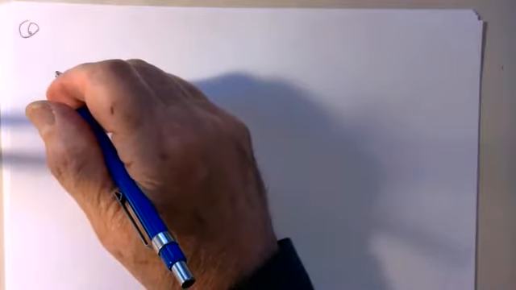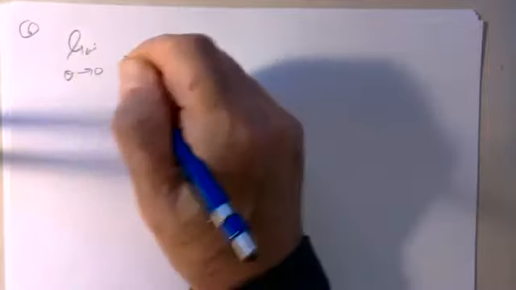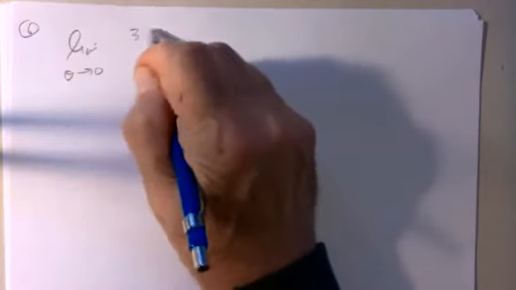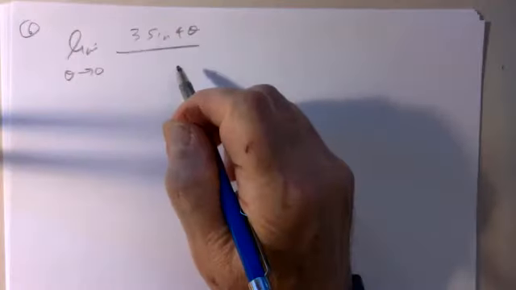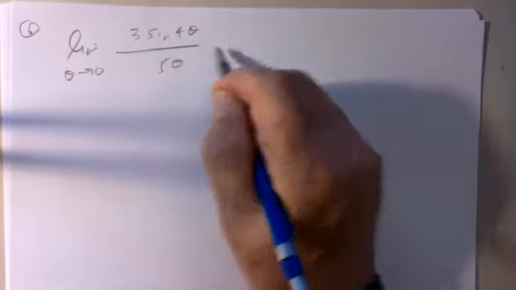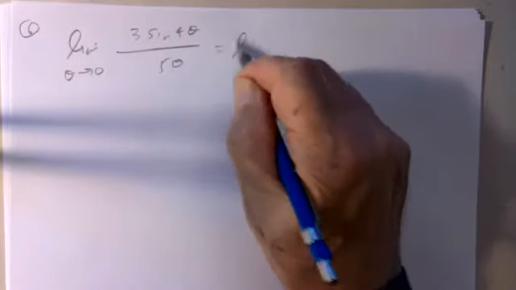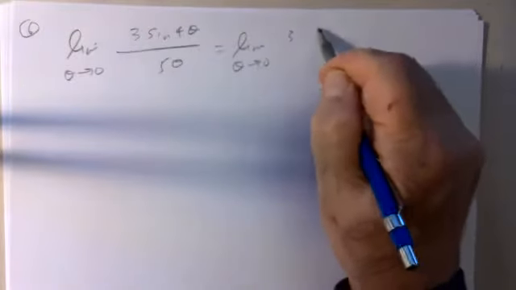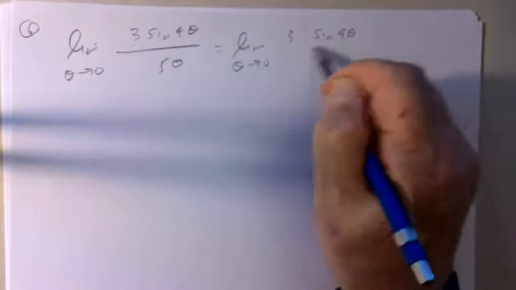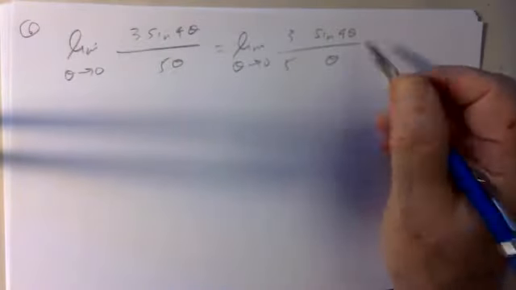The limit as theta goes to 0 of 3 times sine of 4 theta over 5 theta. So it's nice to have sine 4 theta over 4 theta. So let me write it like this. I have sine of 4 theta, and I have a 5 times theta in the denominator.